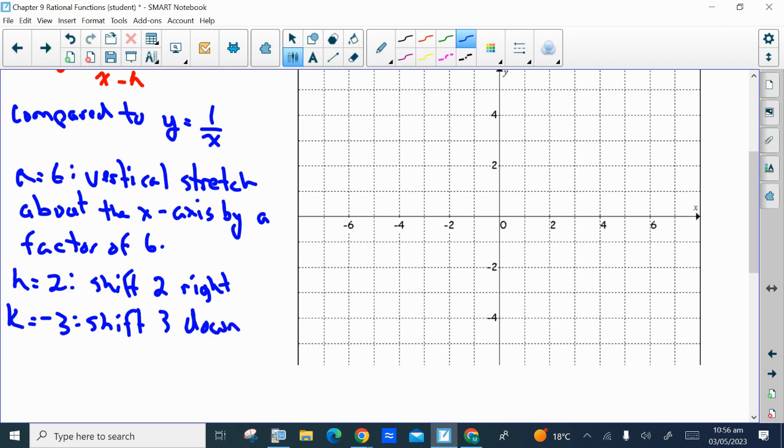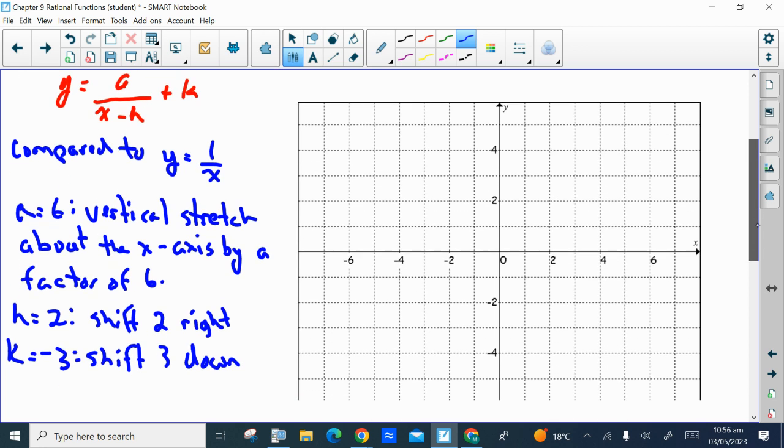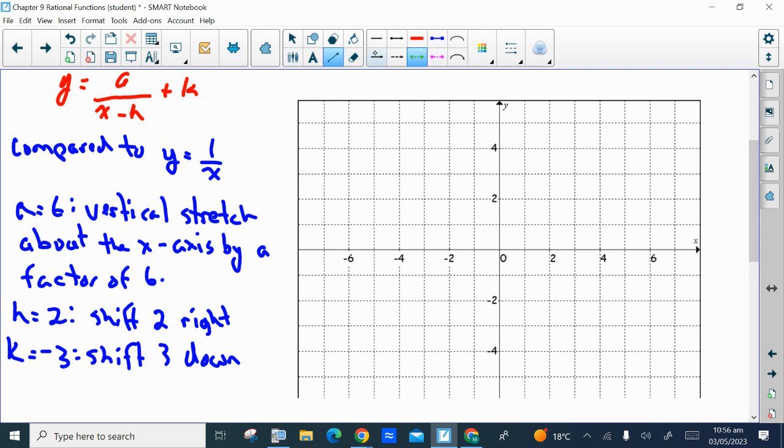This means our asymptotes are going to shift. Our vertical asymptote will be at positive 2 because it shifted 2 to the right. And our horizontal asymptote will be at negative 3 because it shifted 3 down.